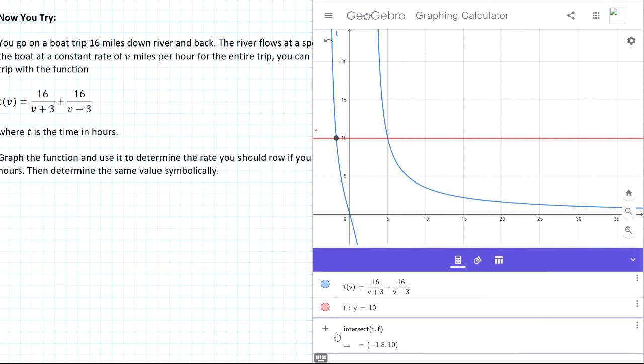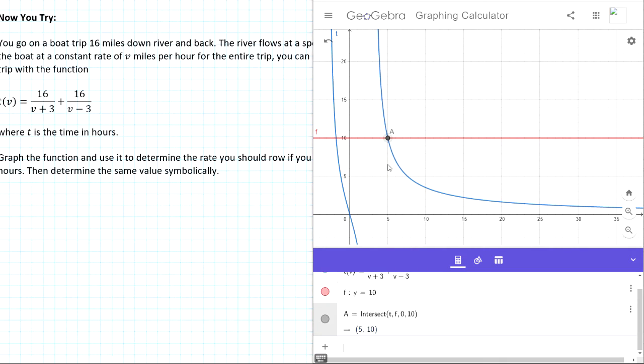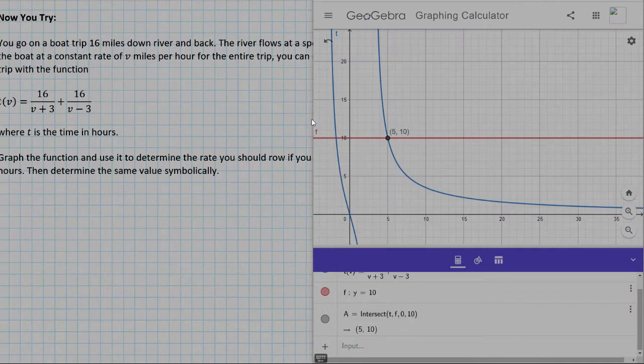And again, it's giving us the first one off to the left here, and we want this one. So we'll just say between 0 and 10. And sure enough, it gives us this point at 5, 10. And that 5, that's our input. That's our speed that we want to row to complete the trip in 10 hours, the output of that function.